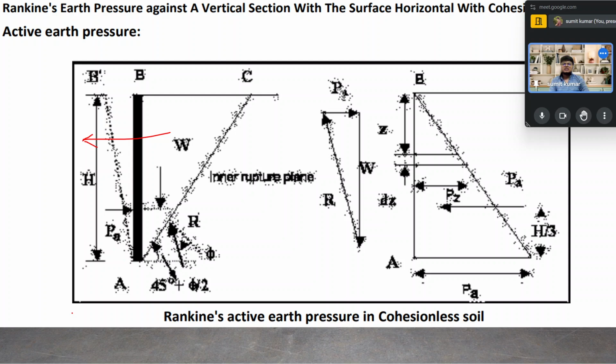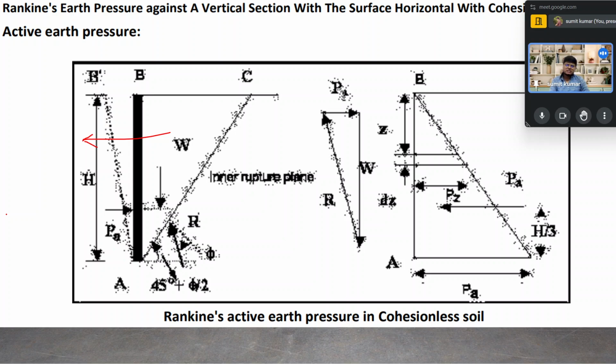Now you see the Rankine earth pressure against a vertical wall with a horizontal surface, with cohesionless soil. Over here you can see that the wall is moving in the active state, away from the backfill, and the weight is applied in the downward direction. The wall's initial position and final position are also represented.